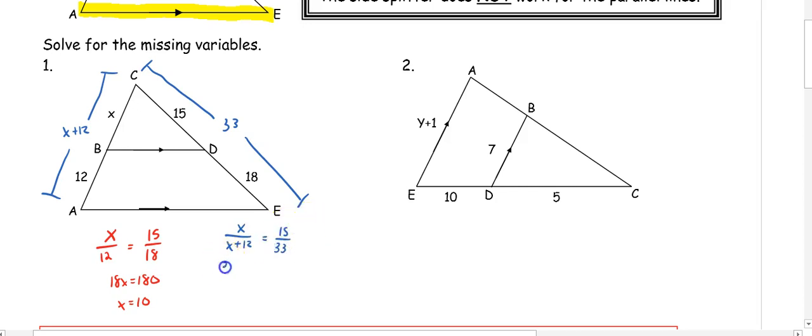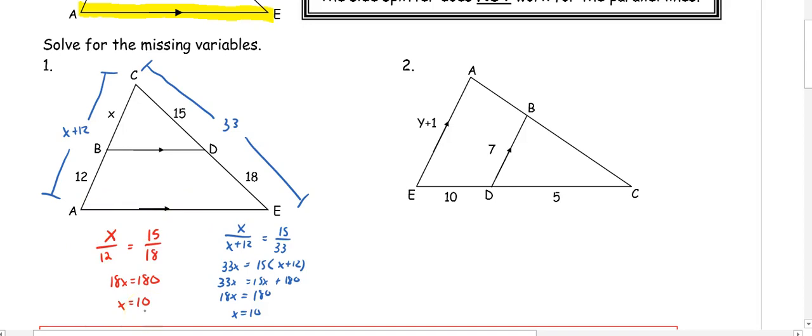When we cross multiply, we would have 33x equals 15 times x plus 12. 33x equals 15x plus 180. Subtract 15x, so we get 18x equals 180. x is still 10. So either method works, but using the math in the red with side splitter, it's going to go faster.